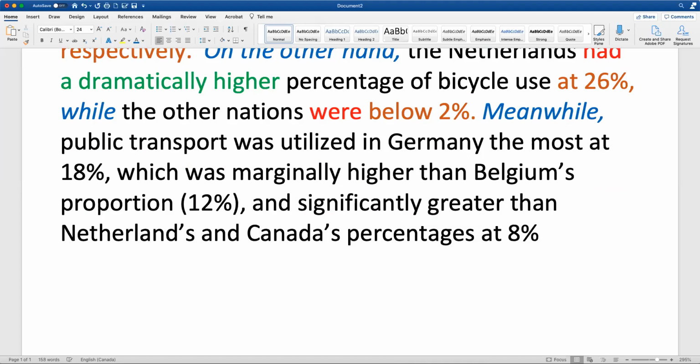So another long sentence here, but that's okay. If you know how to do these sentences quick, you can. Meanwhile, public transport was utilized in Germany the most at 18%. Okay?